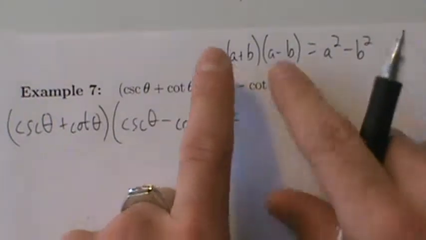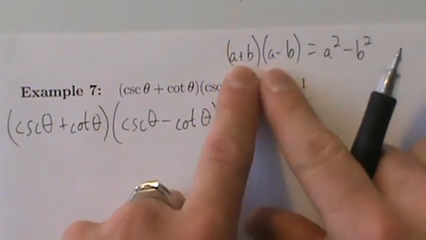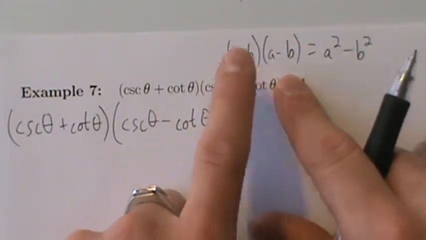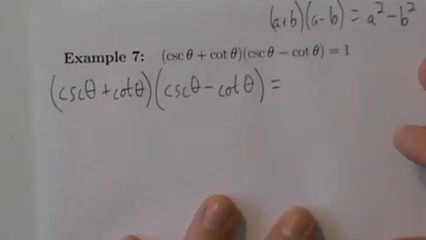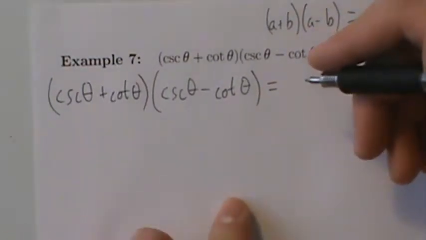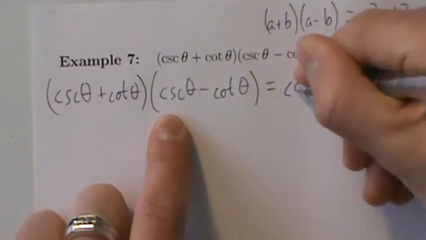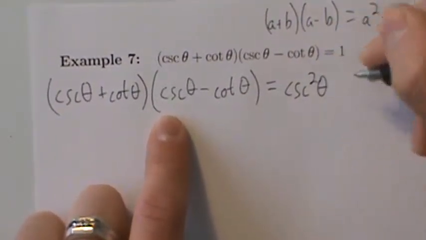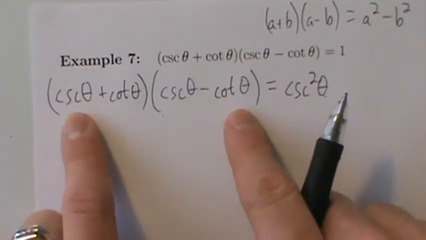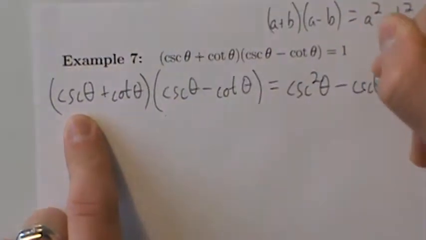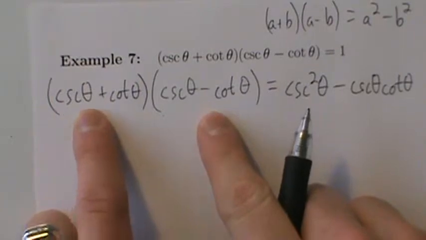When you FOIL, first is a squared, outer is minus ab, inner is plus ab, so they cancel, and then last is minus b squared. That's exactly what's happening here, but just to be thorough, we'll show all the details. Cosecant of theta times cosecant of theta is cosecant squared of theta. Then outer is minus cosecant of theta cotangent of theta, minus because of this minus sign.